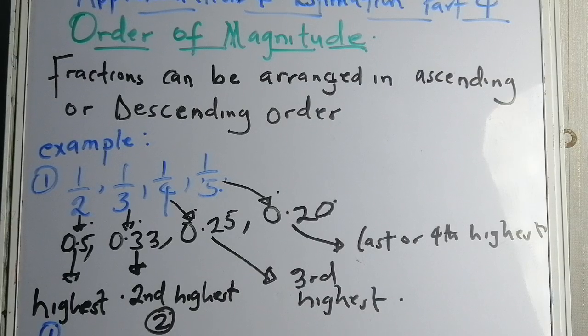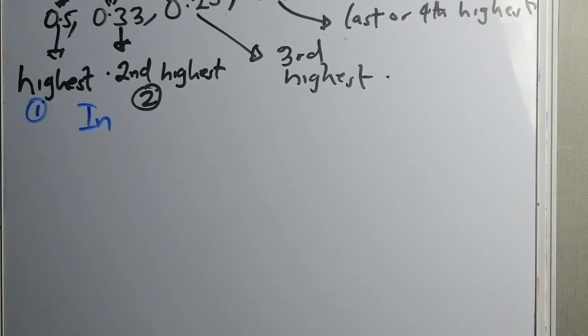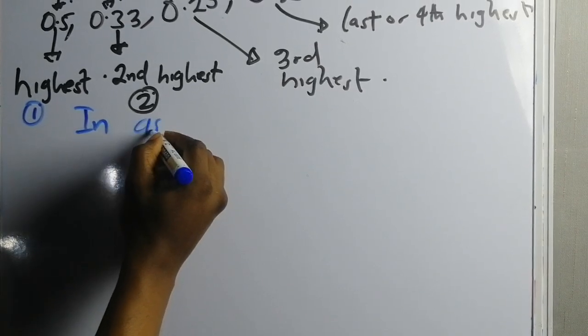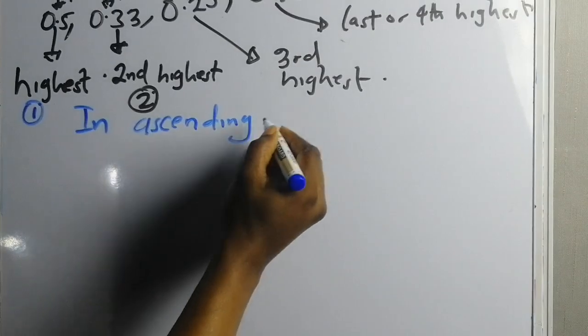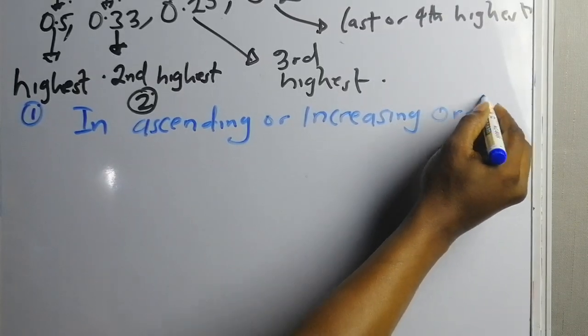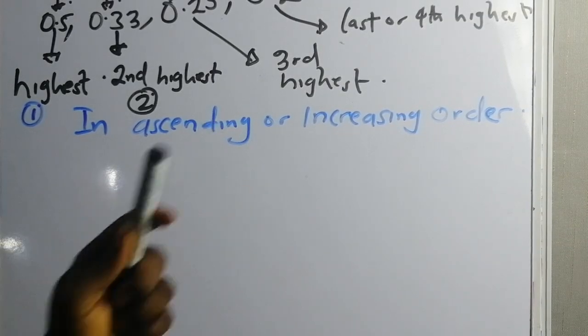So if they now ask you to arrange in ascending order, ascending means increasing. So you will say, in ascending or increasing order.